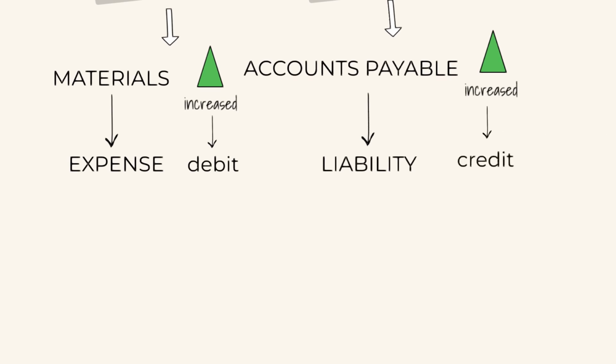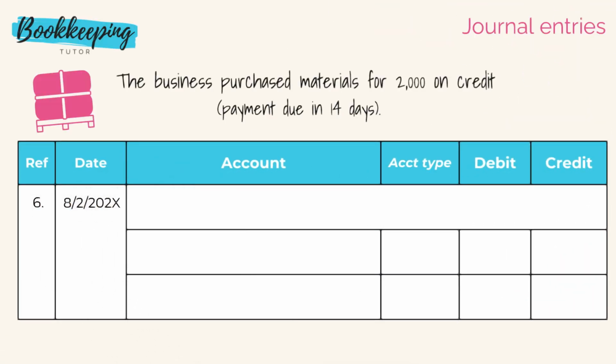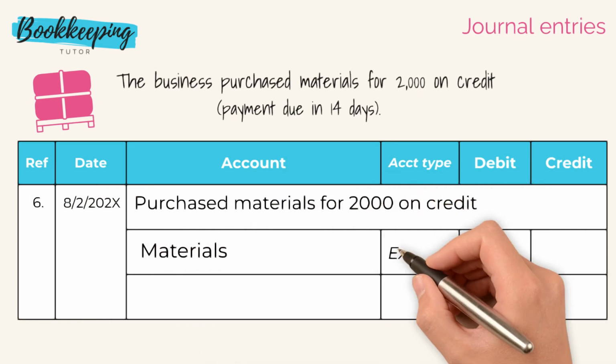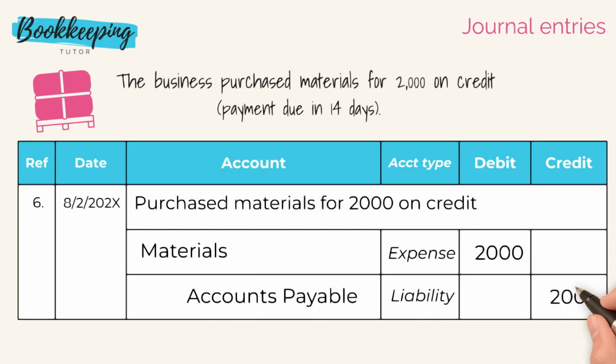The increase on a liability account is credit. Therefore, we need to credit the accounts payable for 2,000. So when a business purchases materials for the production on credit, it should be recorded as debit the materials expense account and credit the accounts payables account with the same amount.